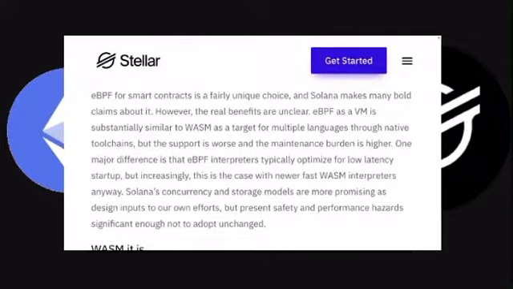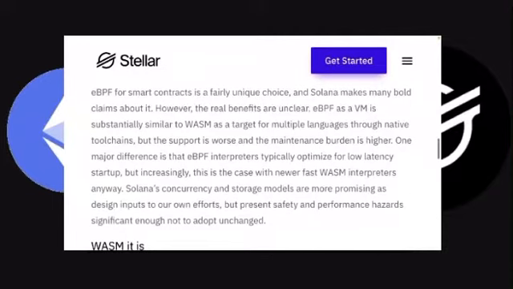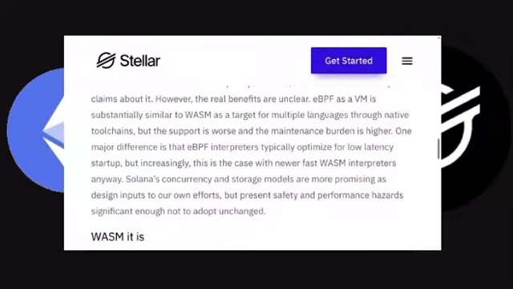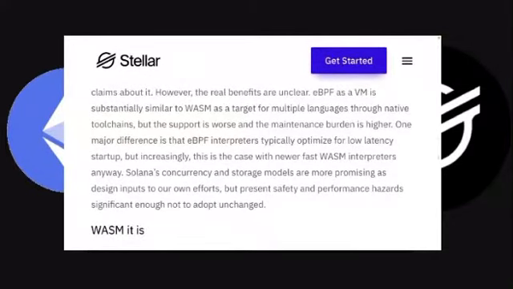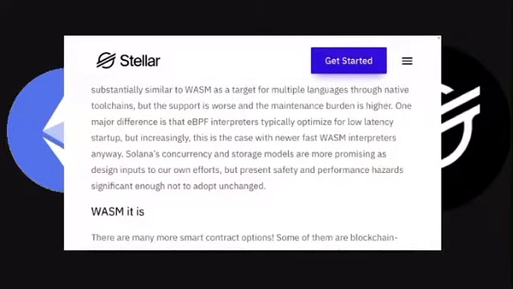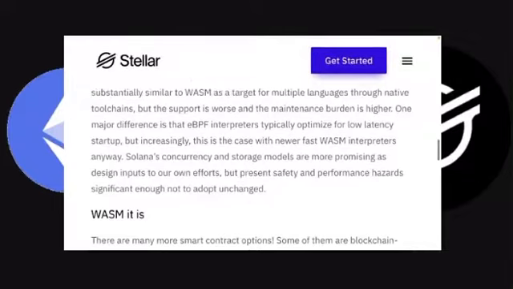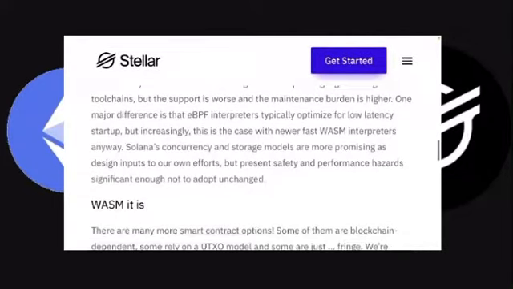eBPF as a virtual machine is substantially similar to WASM as a target for multiple languages through native toolchains, but the support is worse and the maintenance burden is higher. One major difference is that eBPF interpreters typically optimize for low-latency startup, but increasingly this is the case with new fast WASM interpreters.